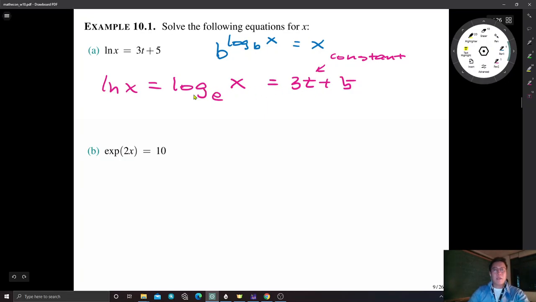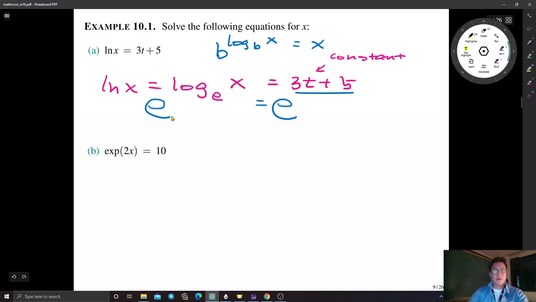So we take the exponential function: e to the power log with base e of x should be equal to e to the power 3t plus 5, because the two exponents are given to be the same.